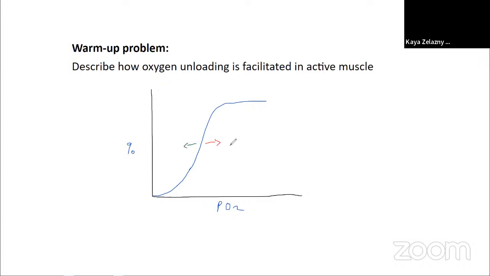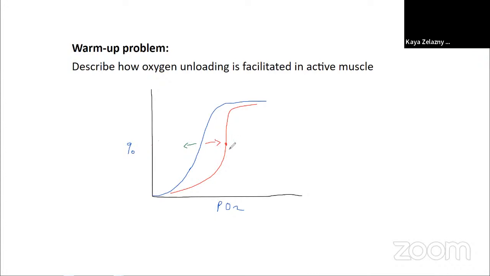So our right shifts and our left shifts have to do with changing the affinity of hemoglobin for oxygen. So basically, if we move something to the right, what we're saying is that we now need a higher partial pressure of oxygen to get the same saturation.